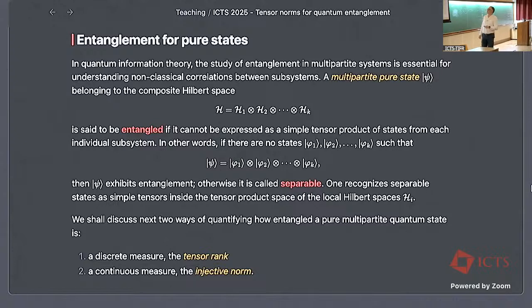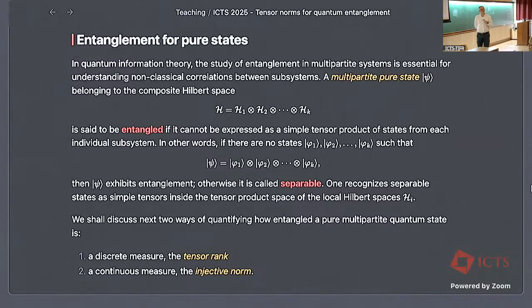Okay. So vectors which I can decompose as a simple tensor are separable. And if I need to write it as a sum of these, if I cannot have just one term in the sum, then they are called entangled. Of course, people want to have a measure of entanglement, meaning how far from being separable a given tensor is.